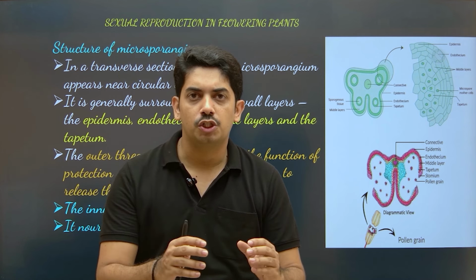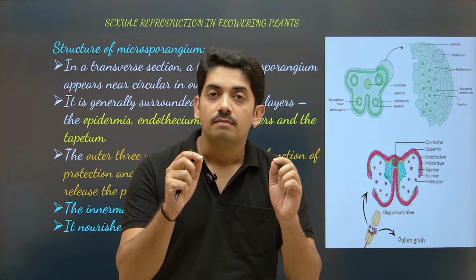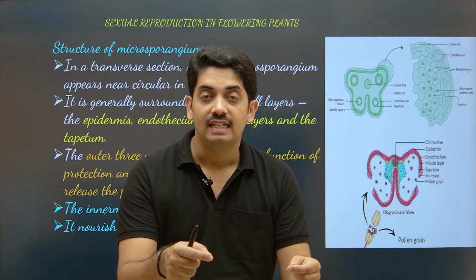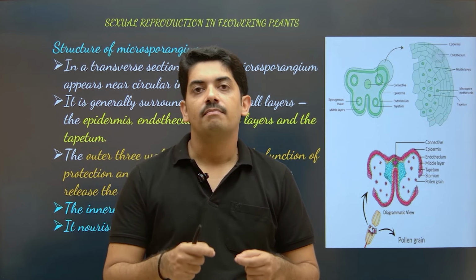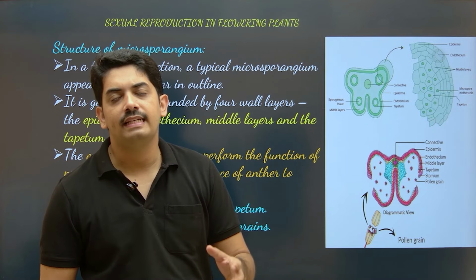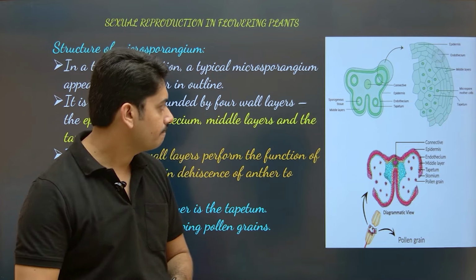At one particular time, they divide mitotically and increase their number, and they become pollen mother cells, or you can say microspore mother cells. These microspore mother cells later undergo meiosis and produce the pollen grains.